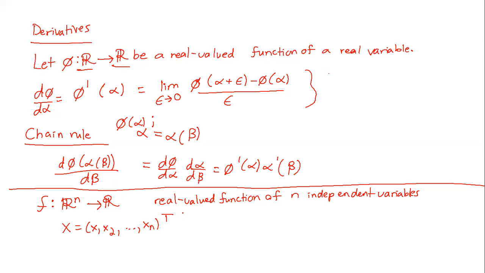In this case, what is differentiability? What is the definition of a derivative when I have a function mapping multiple independent variables into a single number? Now we're going to define this type of differentiability. This is the definition of Fréchet differentiability.